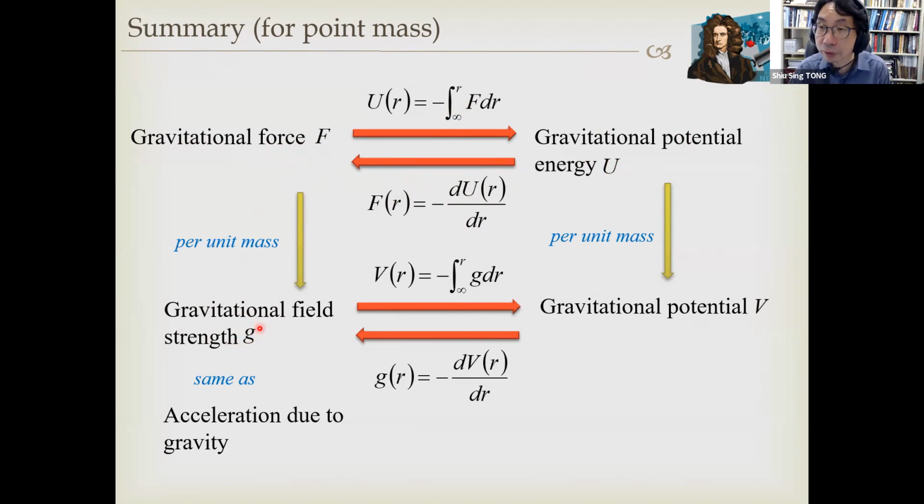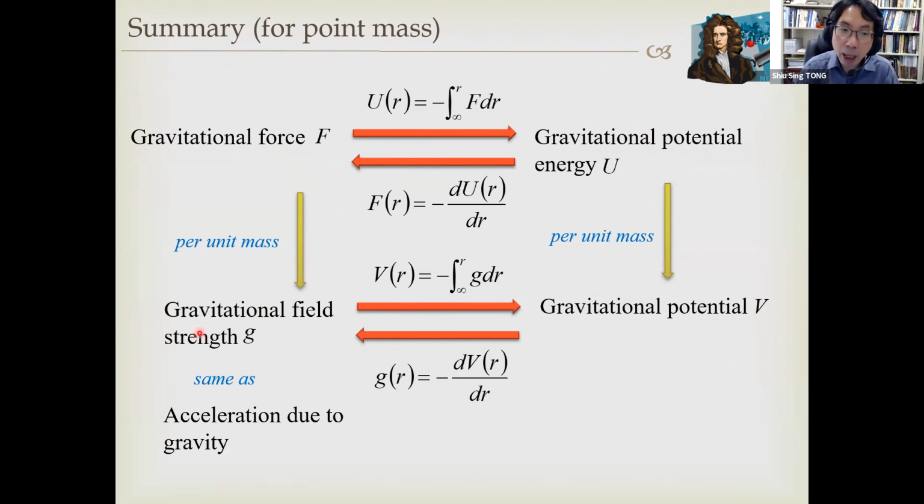I call the gravitational field strength with a symbol G. And the gravitational potential energy per unit mass is just the gravitational potential V. The two quantities G and V are related in exactly the same way as U and F, because each quantity is taken per unit mass, so they are related in the same way as the force and energy.